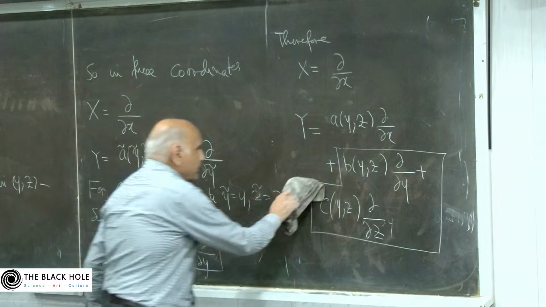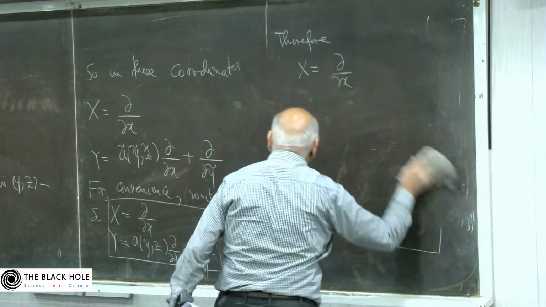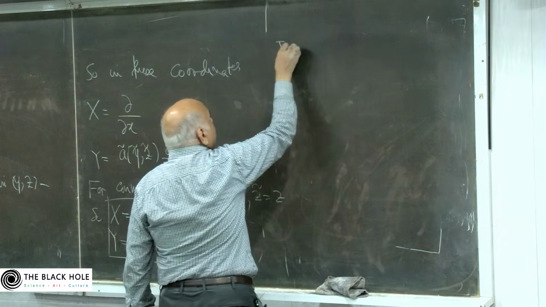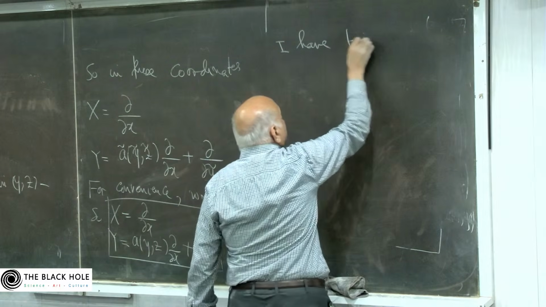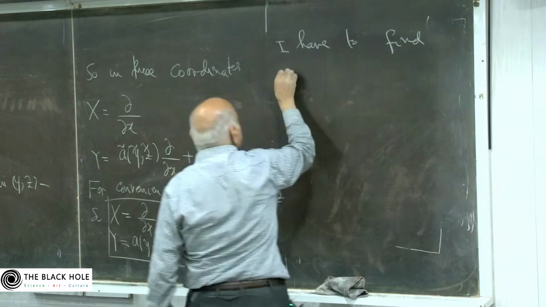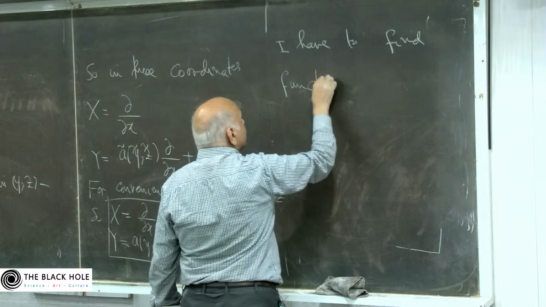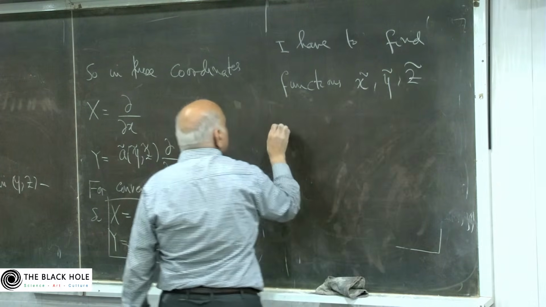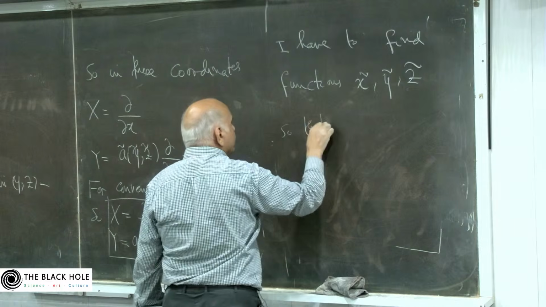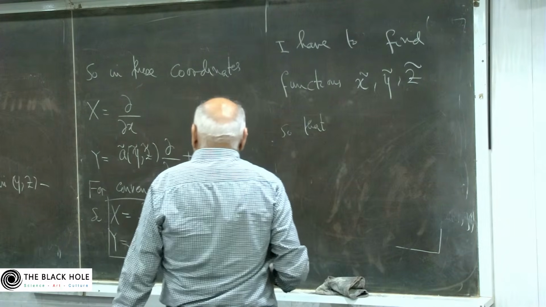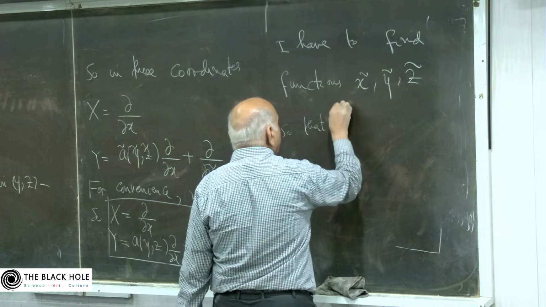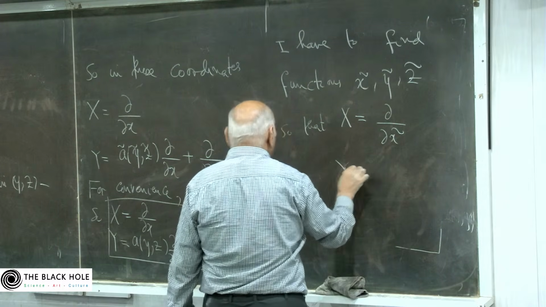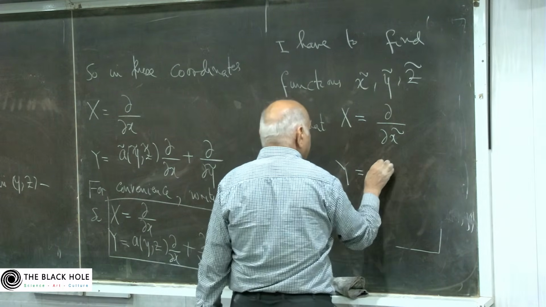So, and finally then I have to find functions x tilde, y tilde, z tilde so that x is equal to partial by partial x tilde and y is equal to partial by partial y tilde.